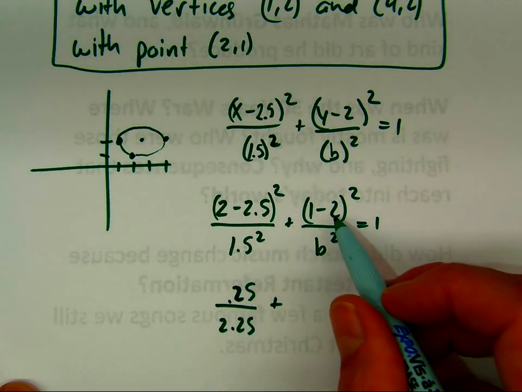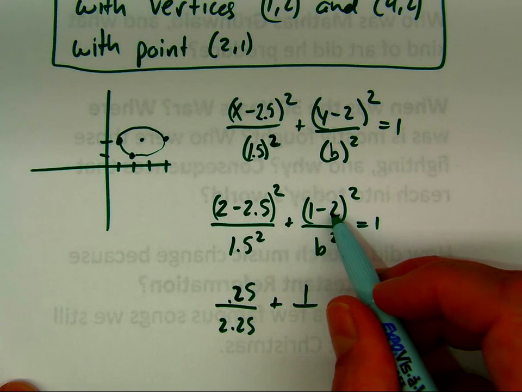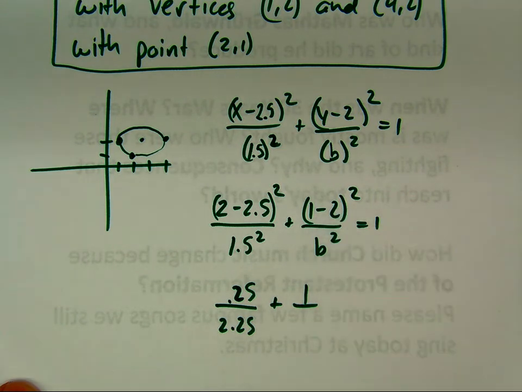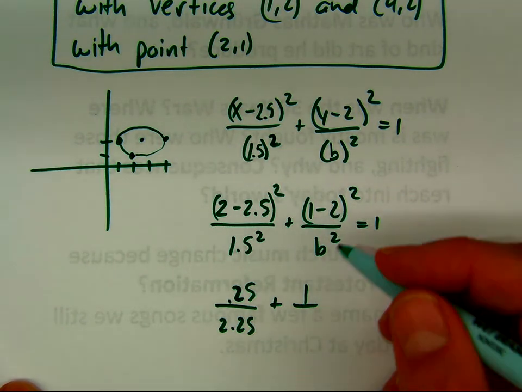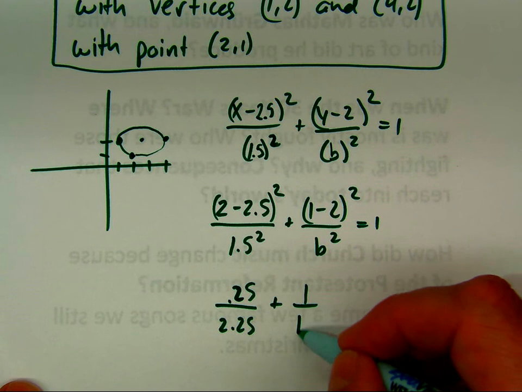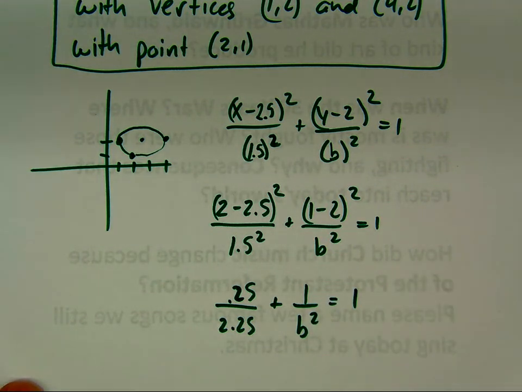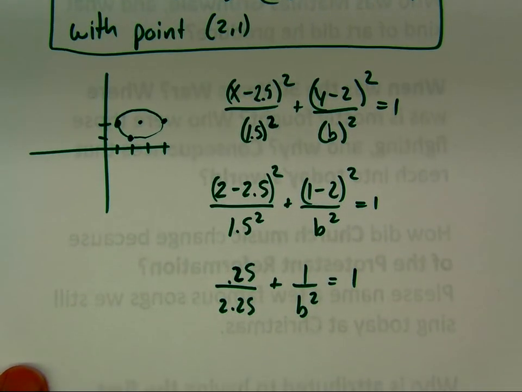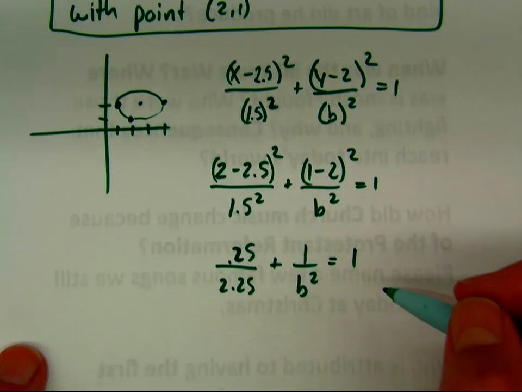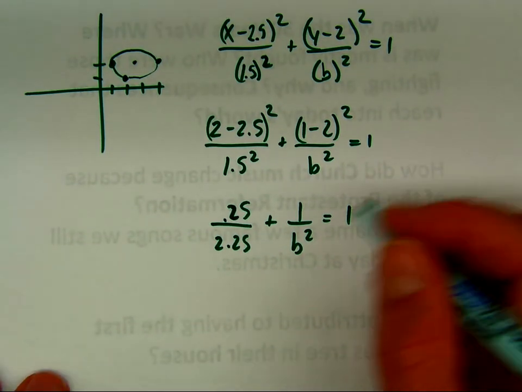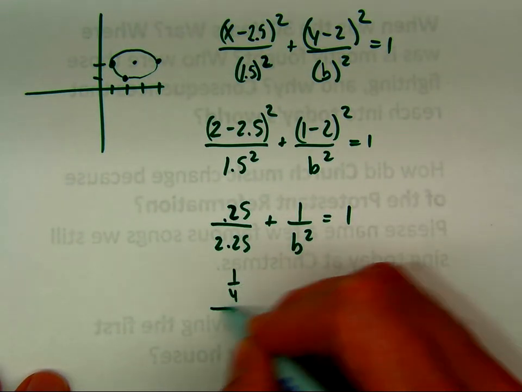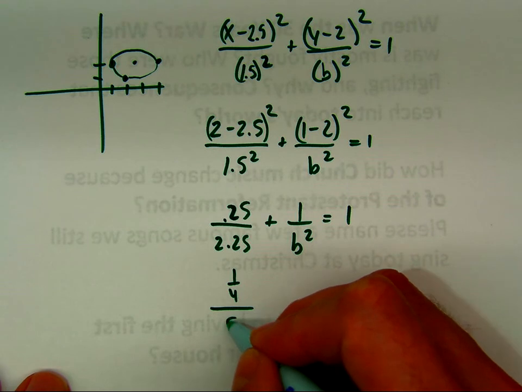Here we'll have a 1, because it's 1 minus 2 is negative 1, squared is 1. I think it's easier to do this with fractions, 1/4, and this is 9/4.